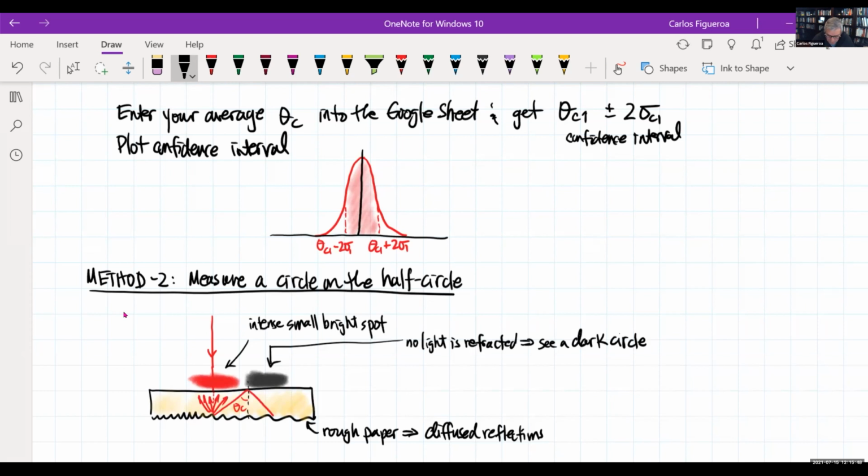Eventually the beam will come back out, and then you're going to see a little ray right there. And remember this spot, I should be really careful. This red spot is really tiny. Okay, it's a really tiny spot.